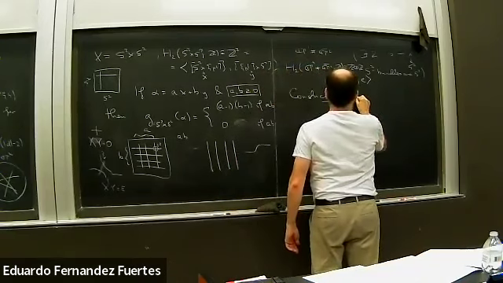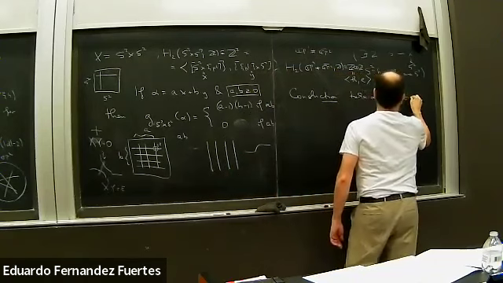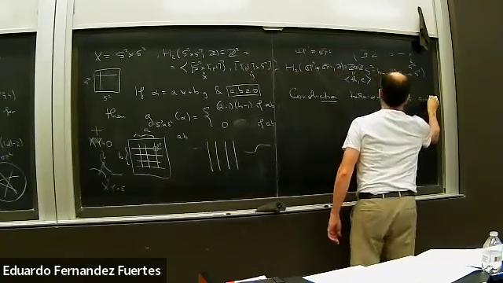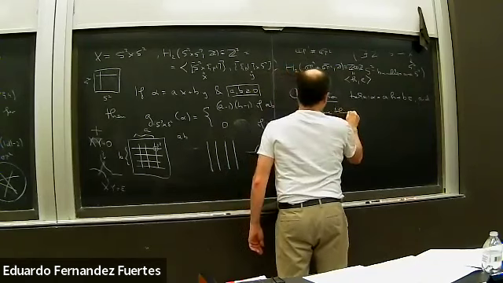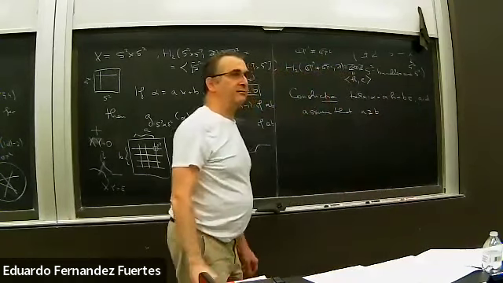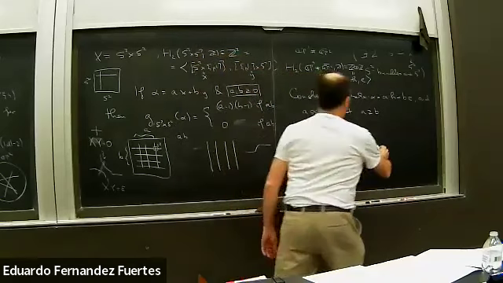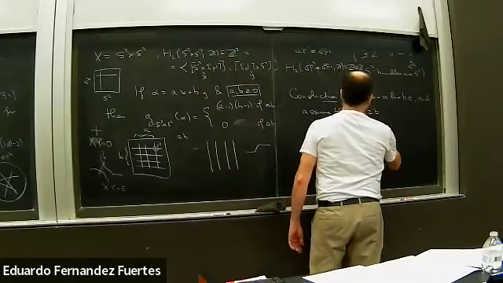So take alpha to be A times H plus B times E, and assume that A is bigger than or equal to B. Then we can construct a complex curve in the following way.